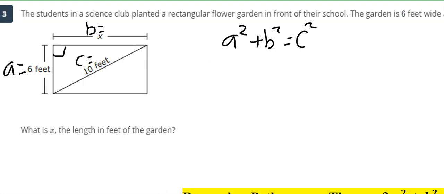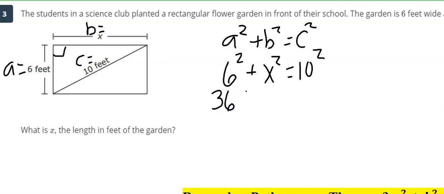So if I fill in our missing side lengths, I have 6 squared, plus I'm going to change b for x squared, is equal to 10 squared. Now 6 squared is 36. We're going to keep the x squared, and 10 squared is equal to 100.